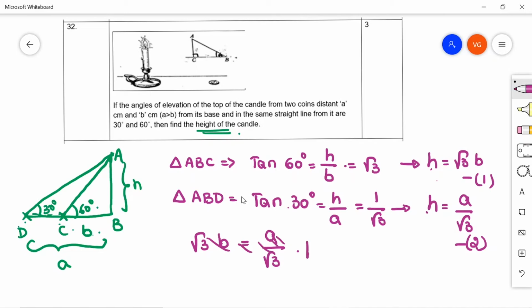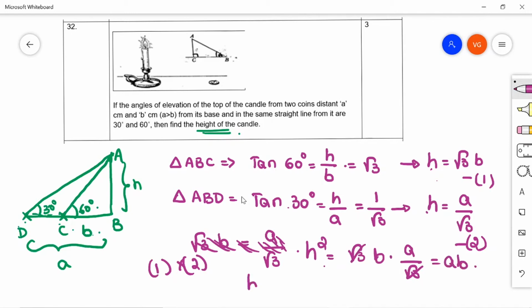We need h, no. So h square is equal to root 3 b multiplied by a by root 3. I am just multiplying 1 and 2 here. As we need h, don't neglect h here. Root 3 will get cancelled. This is ab. So h is equal to square root of ab, as they have asked for the height of the candle. So the height of the candle is root ab.